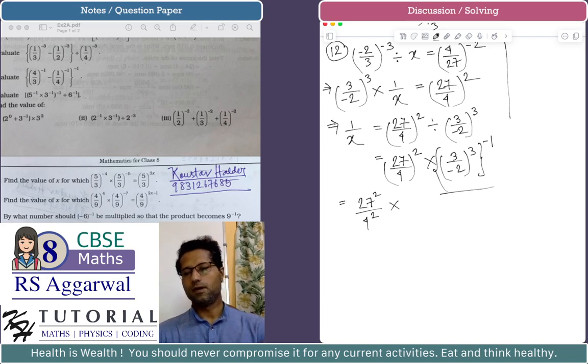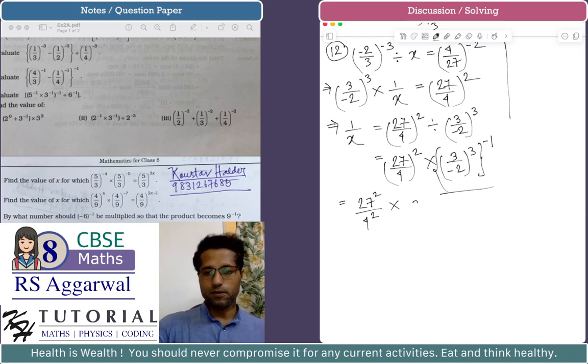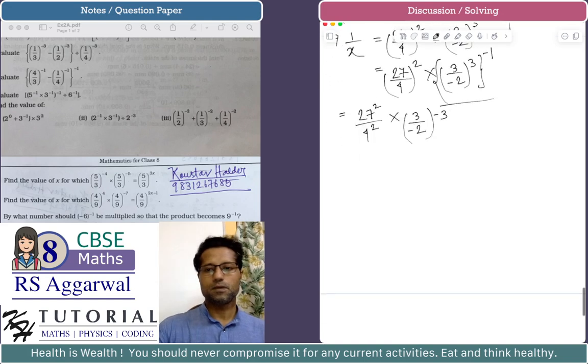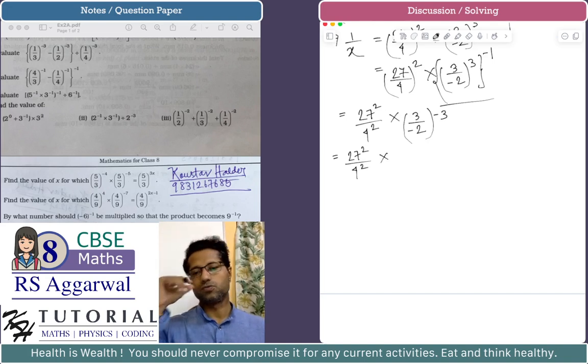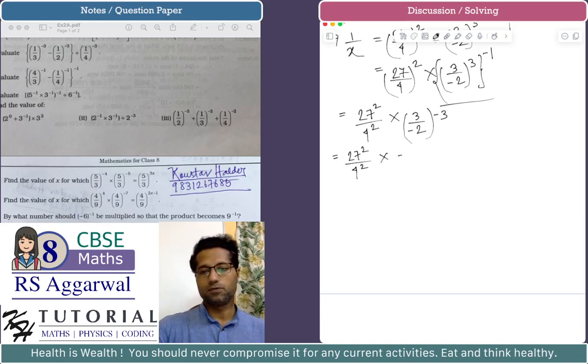So this will be equal to 3 by minus 2 whole raised to the power minus 3. So this is equal to 27 square by 4 square multiplied by 3 by minus 2 whole raised to the power minus 3, the power is negative, so it will be the reciprocal of 3 by minus 2, which is minus 2 by 3 whole raised to the power 3.